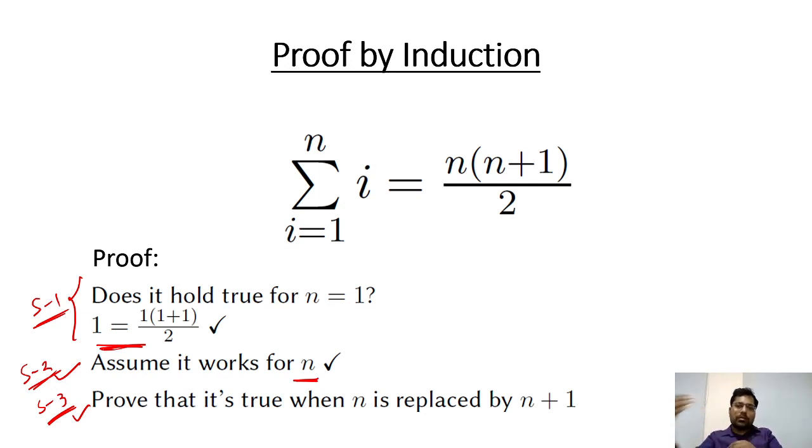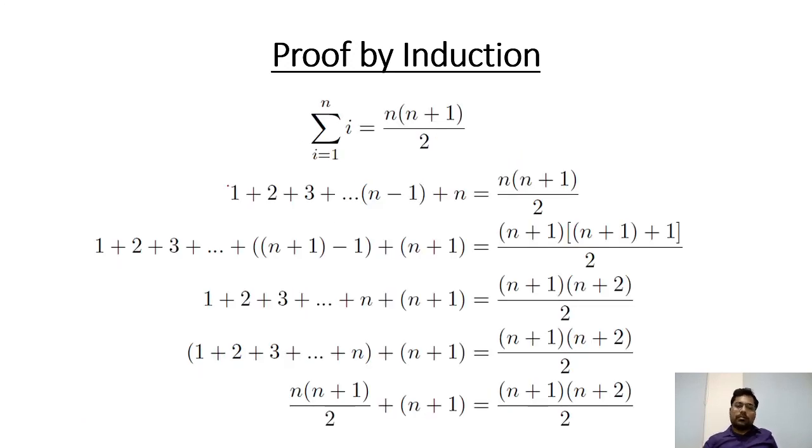Next we have to prove for n plus 1, or the next step of n, or whatever you have taken. Here I kept the left hand side and the right hand side as an example. We know the summation is all about adding: we have added 1, 2, 3 up to n, and here we kept it as it is. Then by writing n plus 1, we just add the next step, because this is true for us.